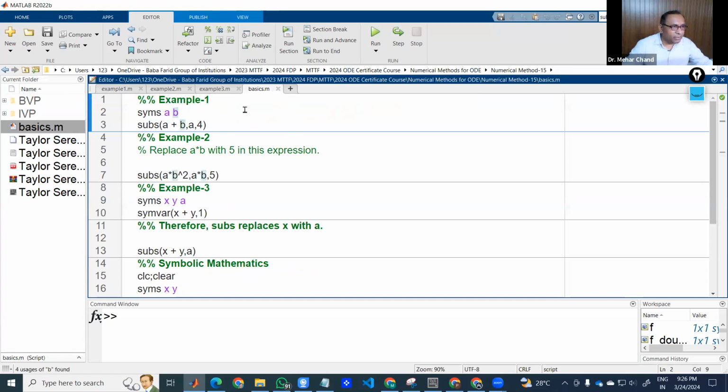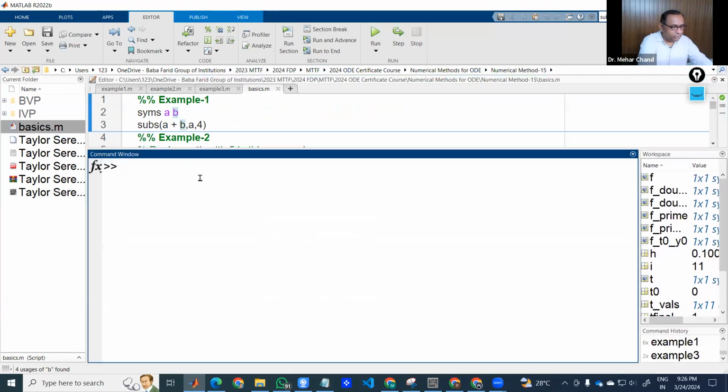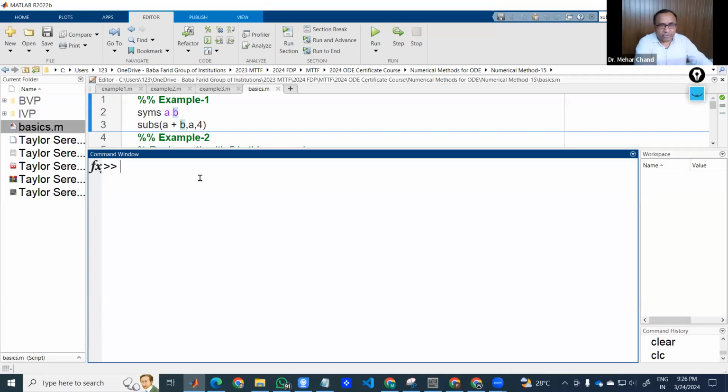If you want to create a symbolic variable, then we have to use syms. If you write clc and clear, you can see in the workspace that no variable or value exists.